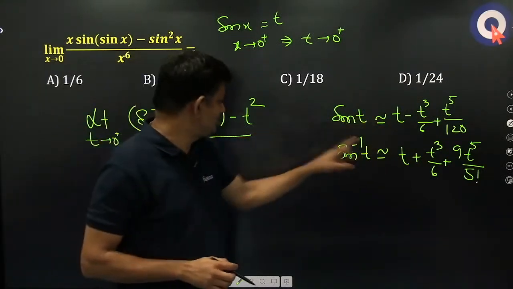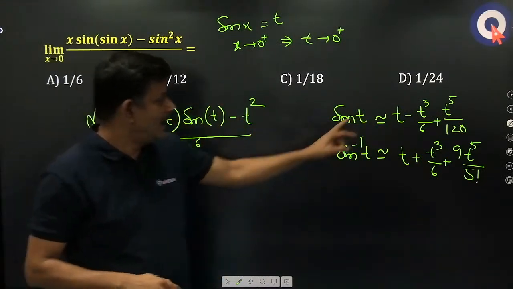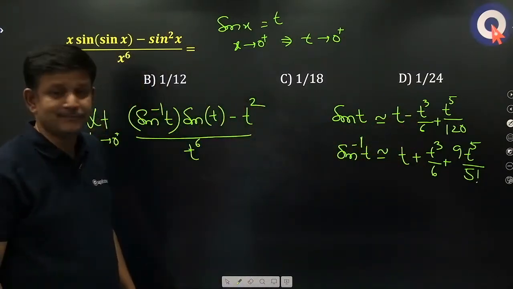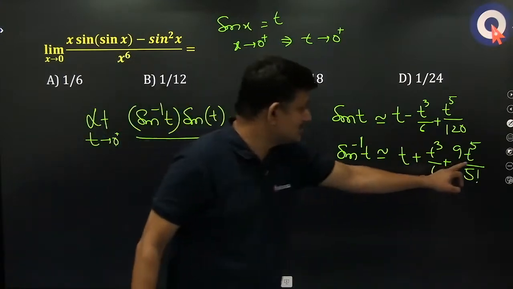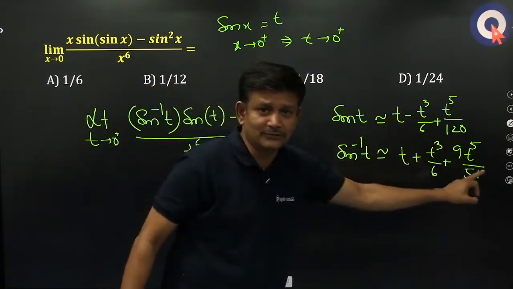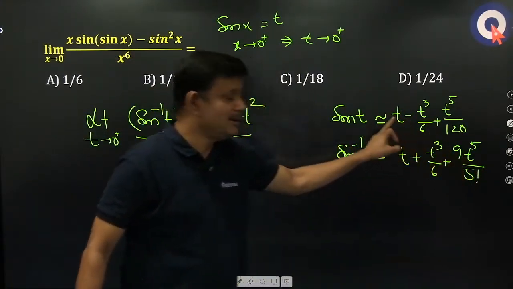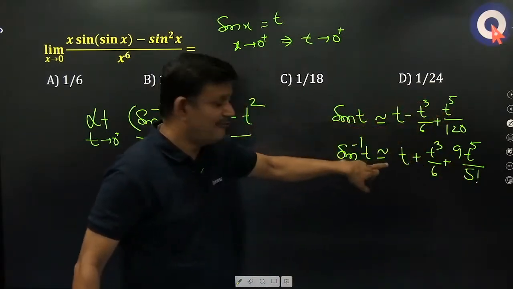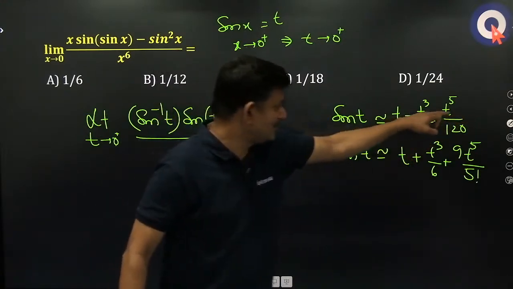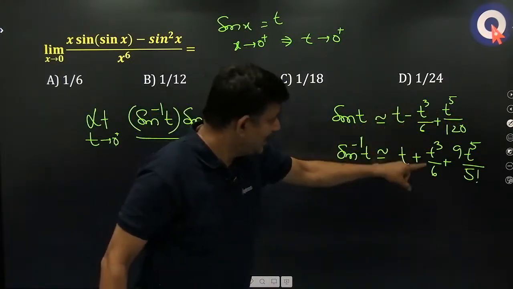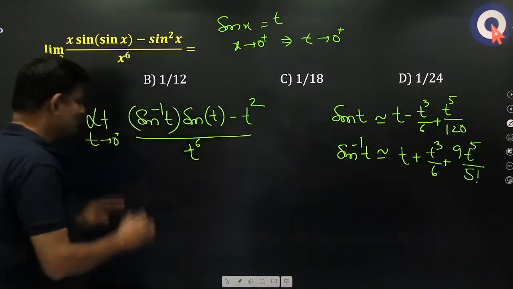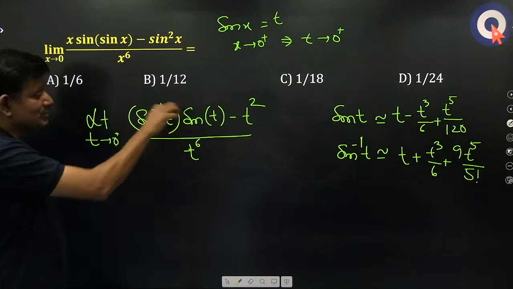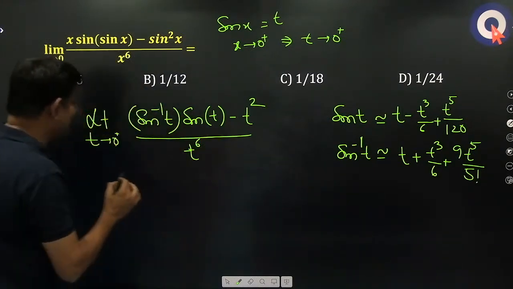You can see t into t square getting cancelled, minus t power 4 by 6 plus t power 4 by 6 getting cancelled. You have to focus on the t power 6 term. How are you getting the t power 6 term? Product of these two. 9 by 120 plus 1 by 120, which is 1 by 12, and then minus 1 by 36. So simply when you substitute, you just have to focus on t power 6, the rest everything is getting cancelled.